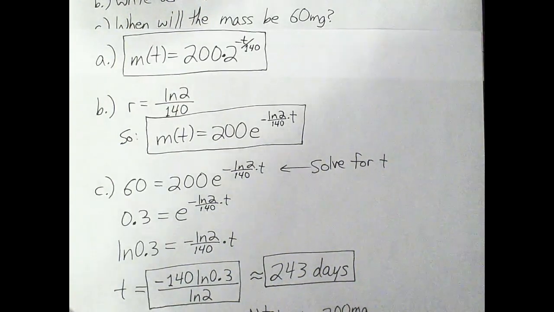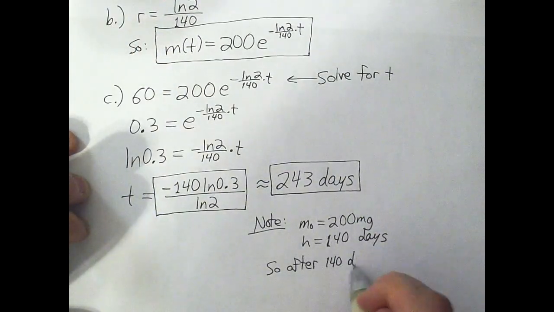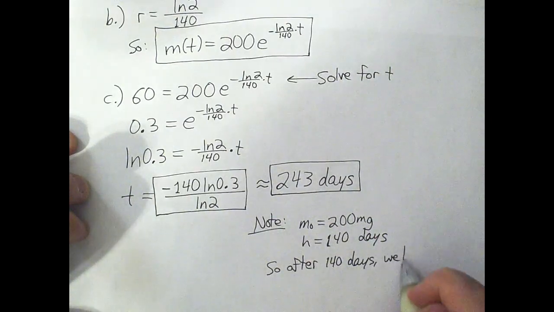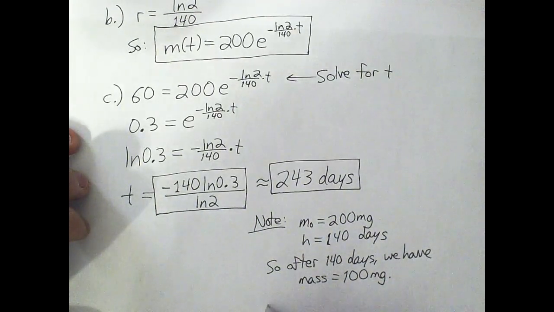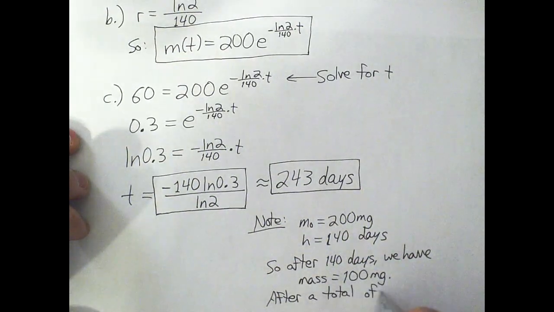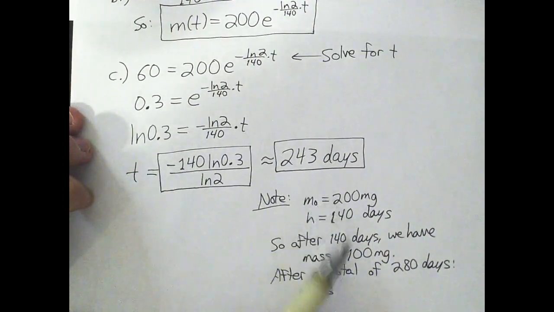So after, I realize you can't see that. All right, so after 140 days, we have mass equals 100 milligrams. After a total of 280 days, like 2 half-lives have passed, in the first 140 days, the mass dropped from 200 to 100.